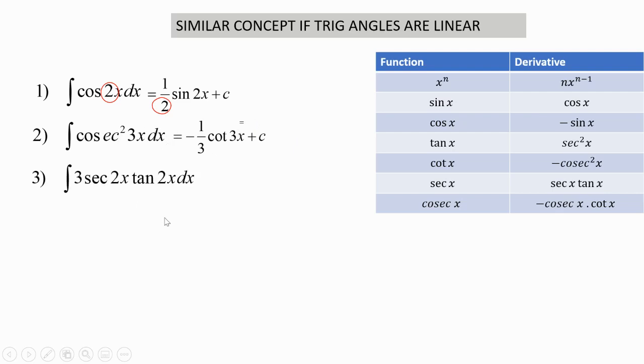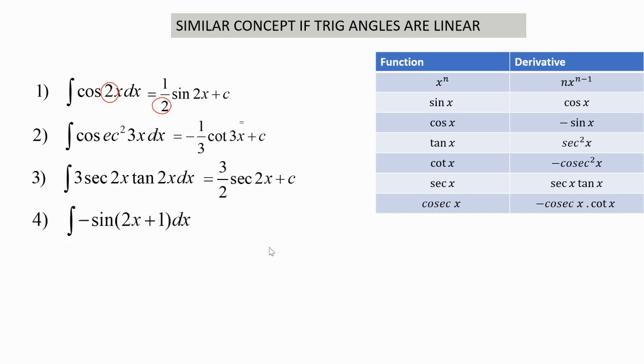Okay, the third example is I've got the 2x and the 2x, so that's sec 2x tan 2x, so that's no issue. So I'm dividing by my derivative, which is 2. So this should be 3 over 2 sec 2x, 3 over the derivative of my angle, sec 2x, same angle, plus c.